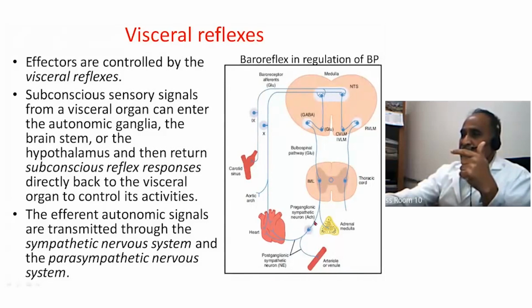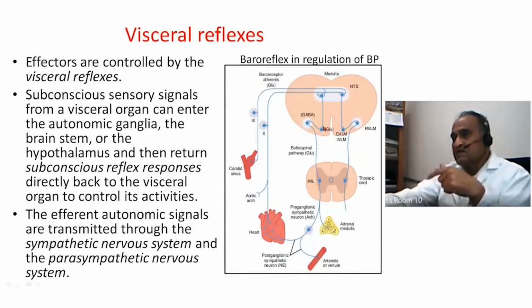These sympathetic neurons in turn activate the sympathetic nerves, which supply the blood vessels, the heart, or reach the adrenal medulla. So an increase in pressure will decrease this activity and regulate blood pressure.